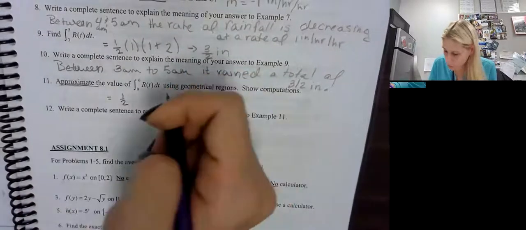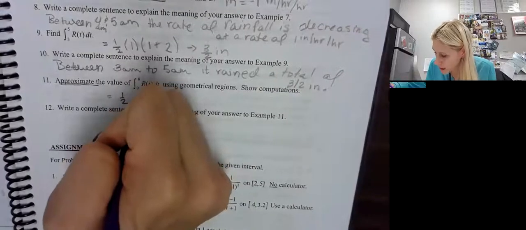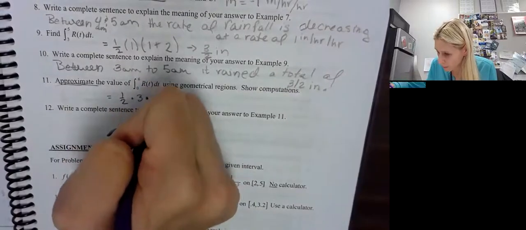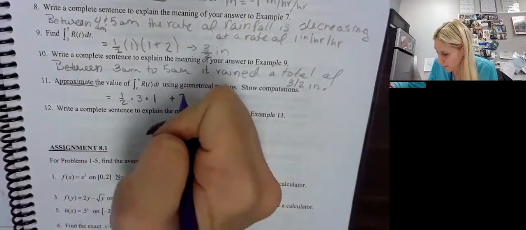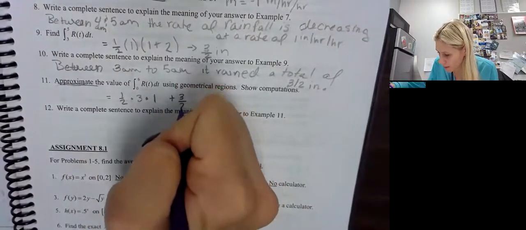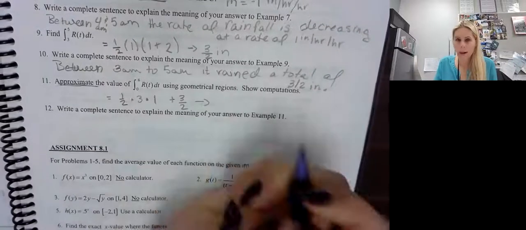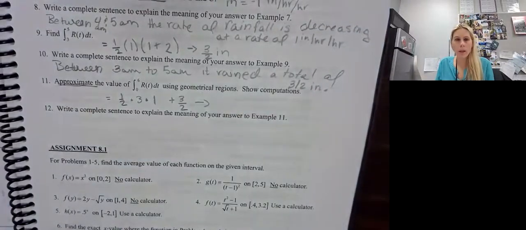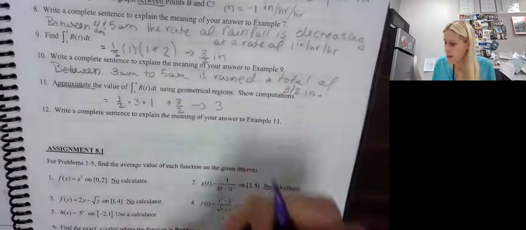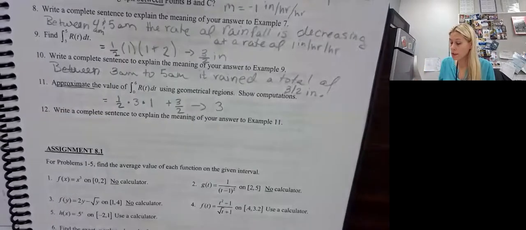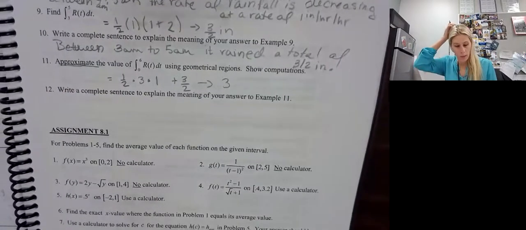The base of that triangle is 3. The height of that triangle is 1. And then we also have to add on that trapezoid, which we found earlier as 3/2. All right, when we do this math out, we end up getting, let's see, that would be 6/2, which is 3.